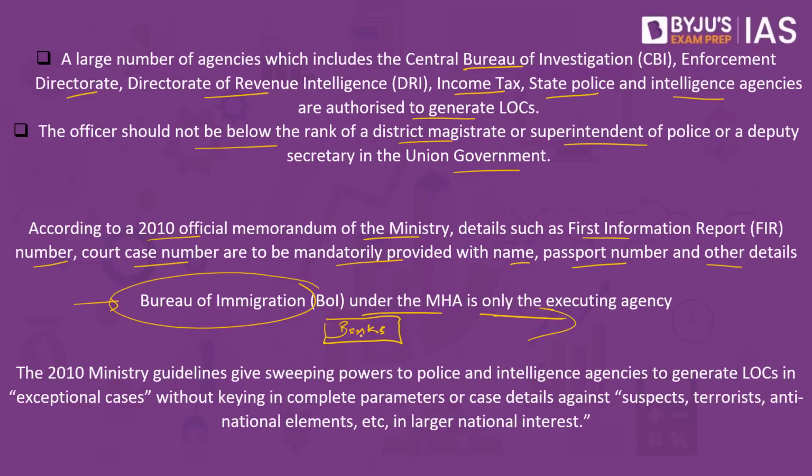In the 2000 guidelines, the chairman, managing director, and chief executive of all public sector banks can generate LOCs against such persons who have caused detriment to the economic interests of the country. So such people can also be arrested and handed over to the required agency.